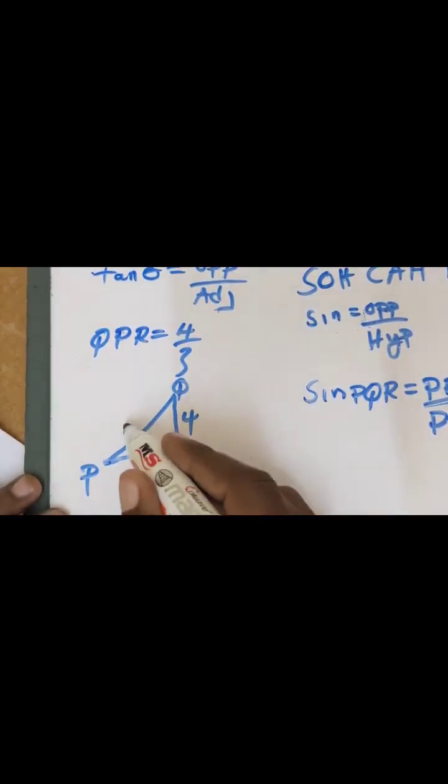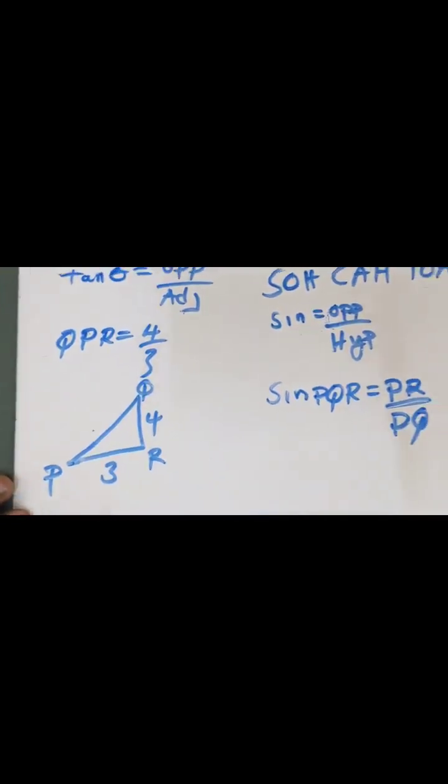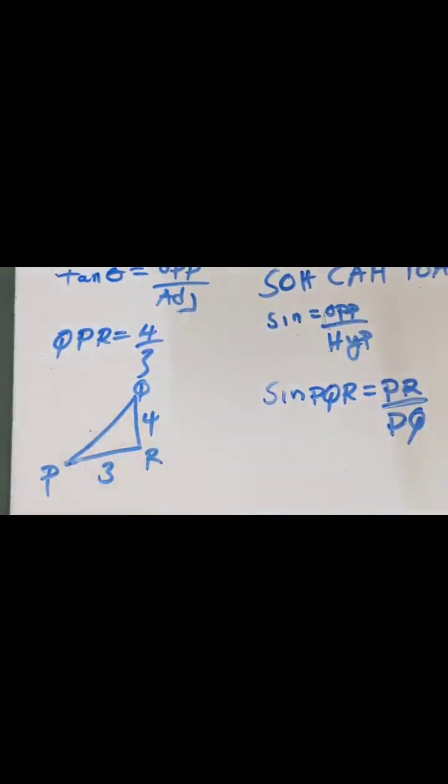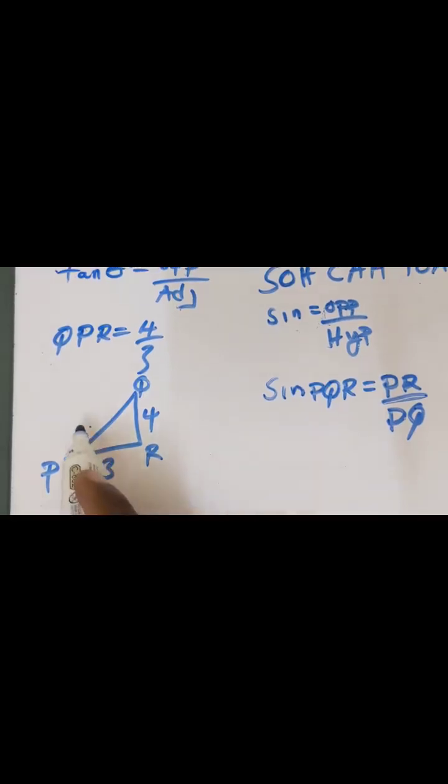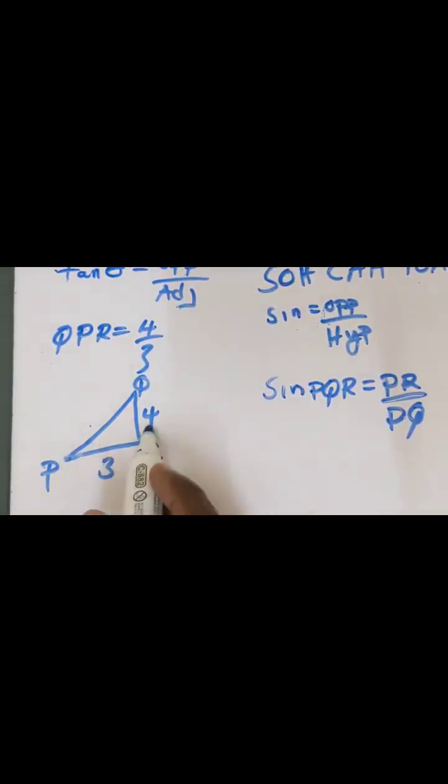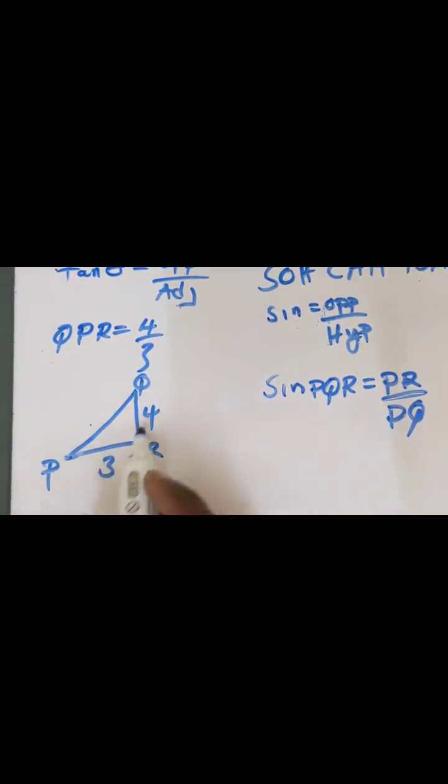Now we are looking for the hypotenuse here. We can also find the hypotenuse by using the Pythagoras theorem. To find this one, we add the squares of these two.